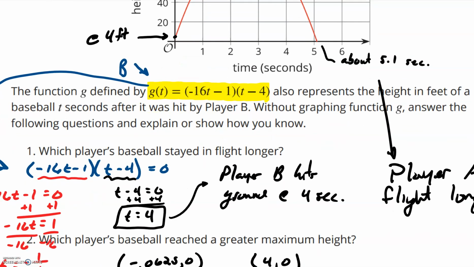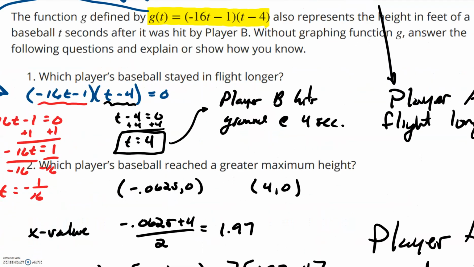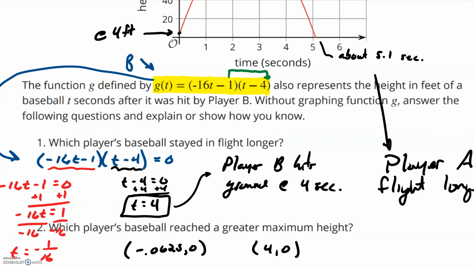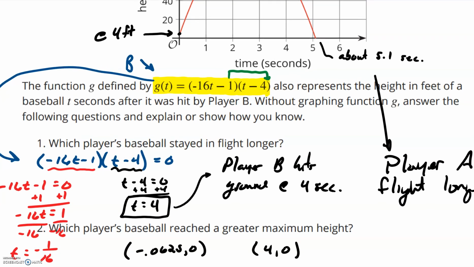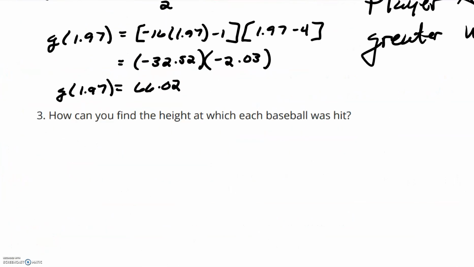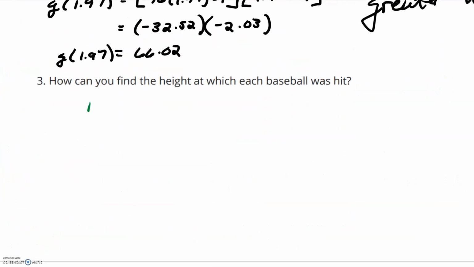For player B, remember, to find the height, when we FOIL this out, if we multiply these two constant values, negative 1 times negative 4, that gives us, when we use the box method, that constant at the end. So player A and B both at 4 feet.